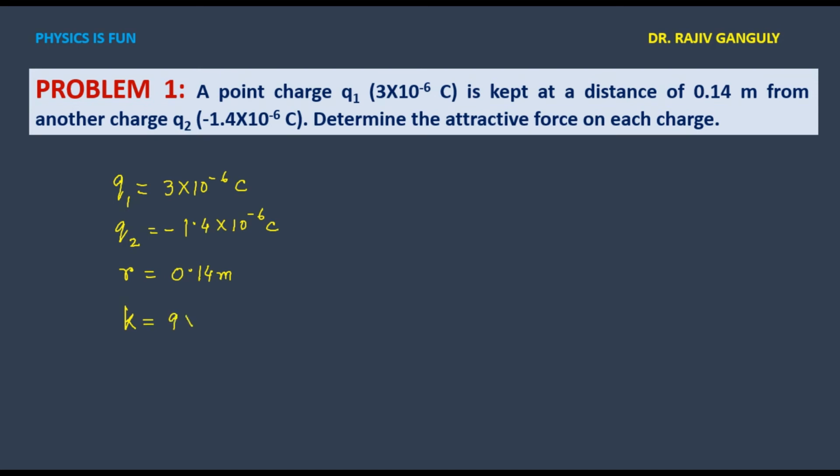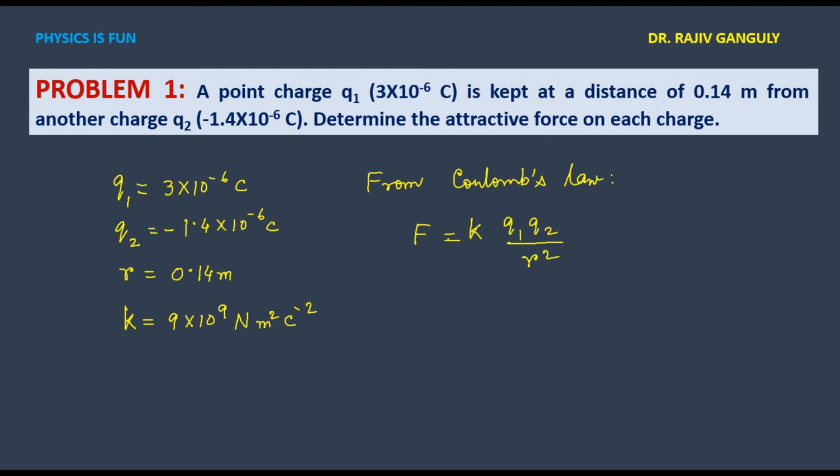It is 9 into 10 to the power 9, and the unit is Newton meter square per Coulomb square. So we are now equipped, and we know that from Coulomb's law, the force will be simply K into Q1 Q2 divided by R square.